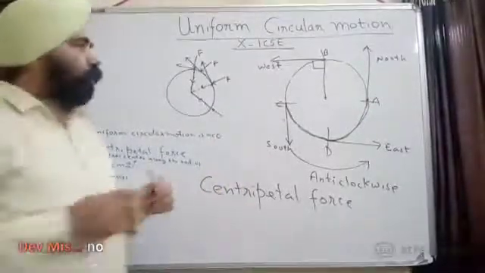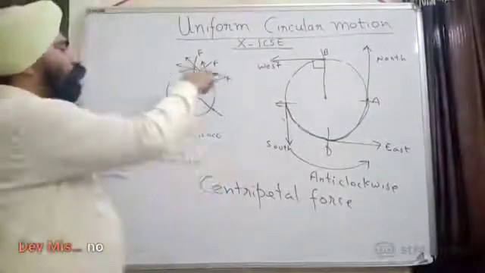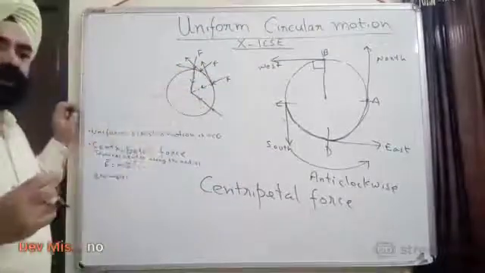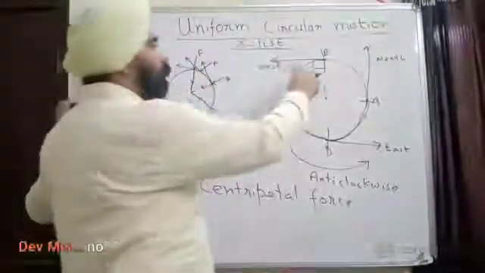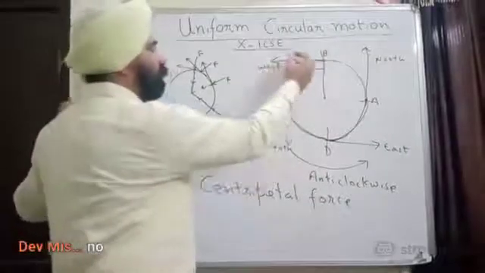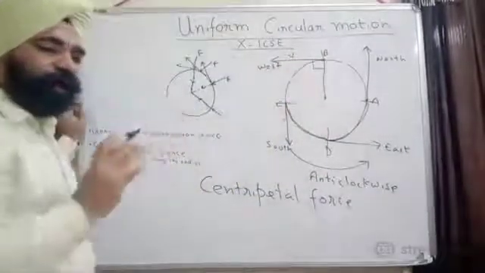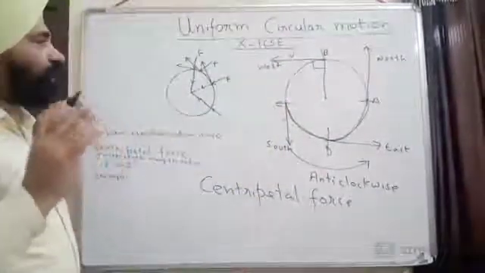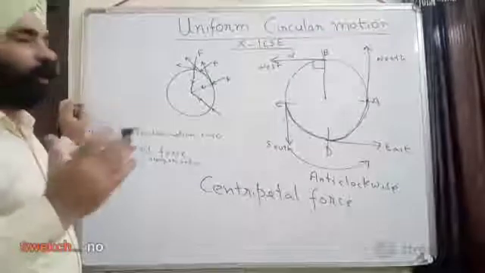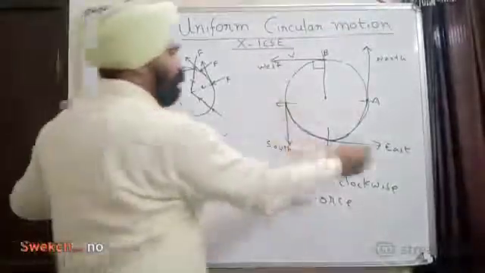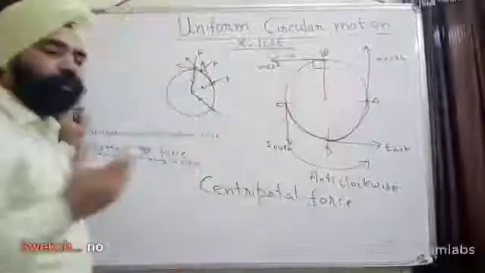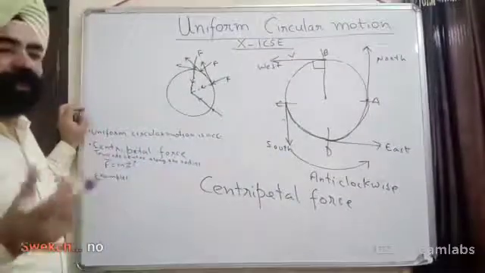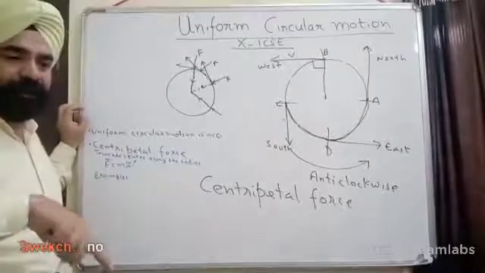See, now when the body is moving in uniform circular motion, we say that its velocity's direction can be found by drawing a tangent. Got it? At any instant, when I draw a tangent to the path, that gives me the direction of velocity at that instant.